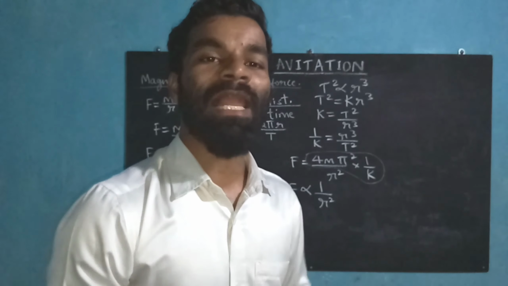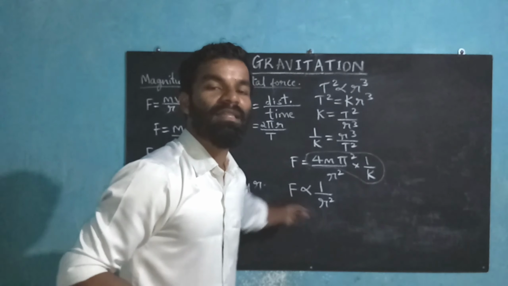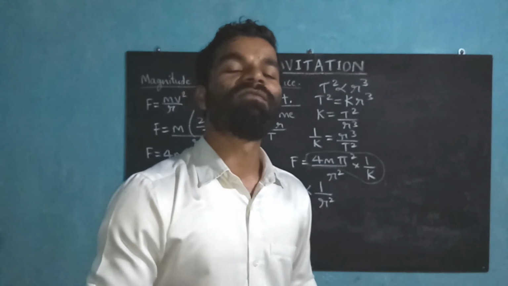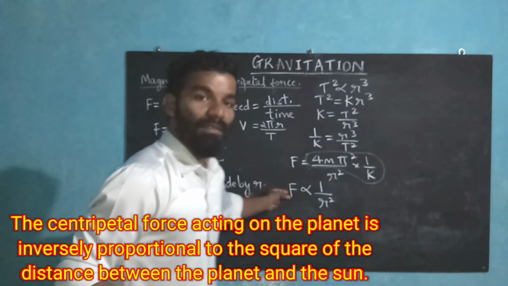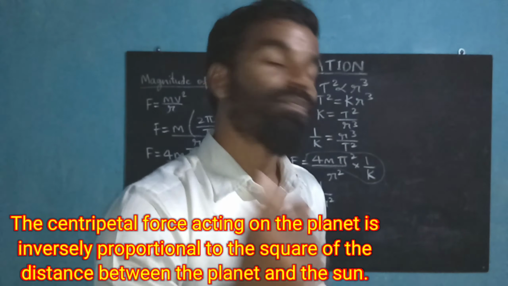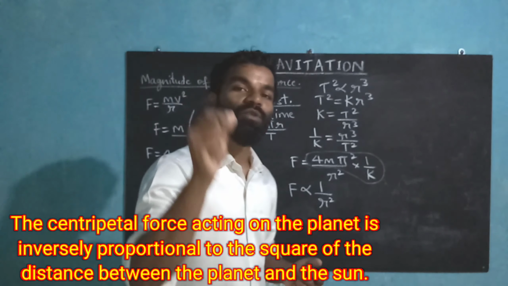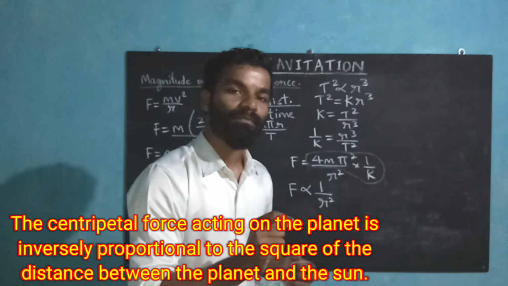Now Newton took help of Kepler's third law for getting this relation, and this is nothing but Newton's inverse square law of gravitation. It says that the centripetal force which acts towards the sun is inversely proportional to the square of the distance between the planet and the sun.